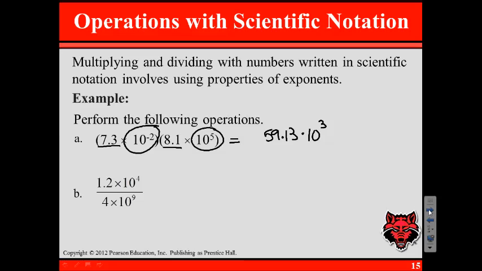Now at this point, we want to rewrite our number in scientific notation as a number in standard notation. The 3 tells us we will move the decimal place 3 times to the right. Let's rewrite the number so we have enough room to do that. 1, 2, 3. So we have a placeholder of 0. And our number in standard form is 59,130.